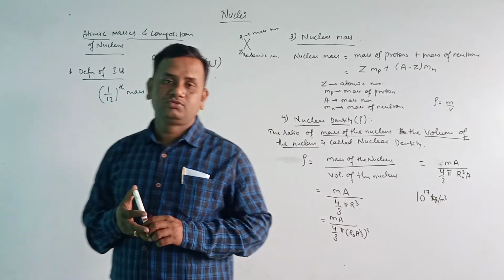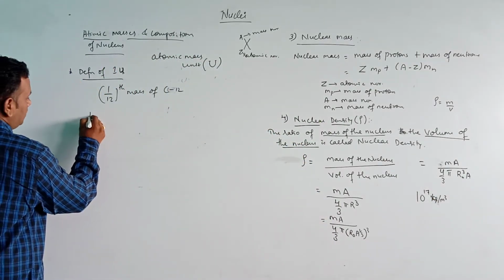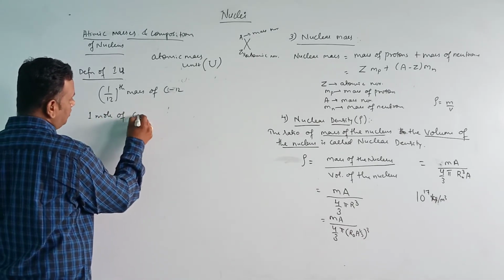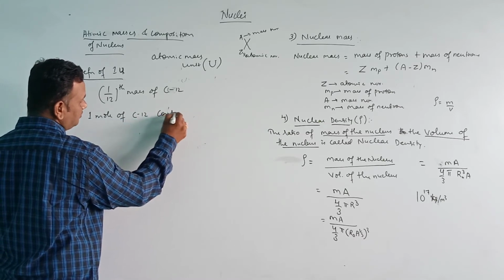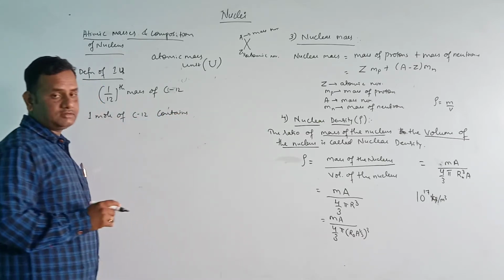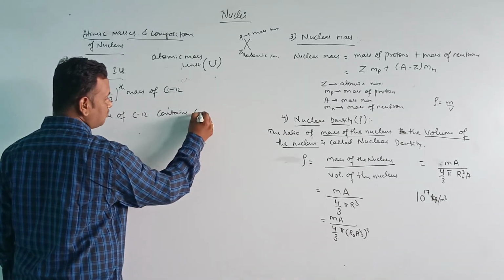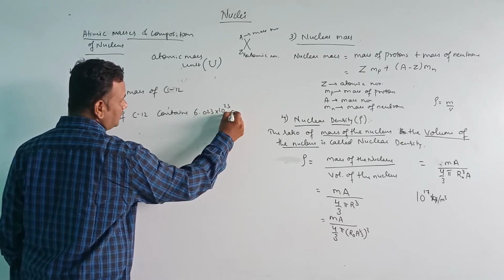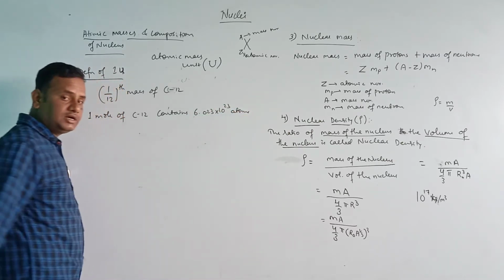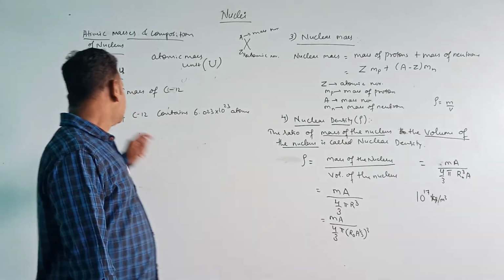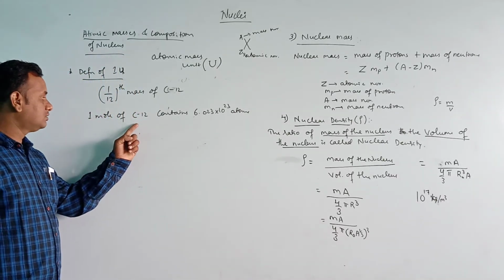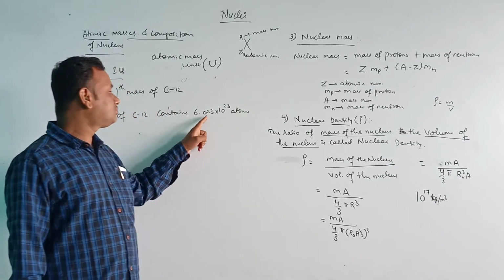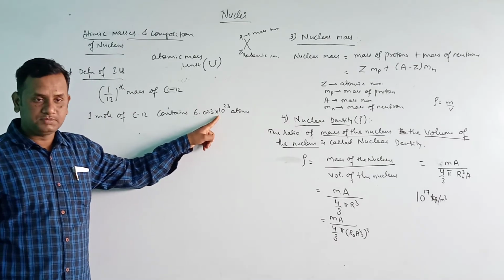As you know, 1 mole of carbon 12 contains 6.023 into 10 to the power of 23 atoms, which is the Avogadro number. So if I take 12 gram of carbon 12 isotope, which is 1 mole, it contains 6.023 into 10 to the power of 23 atoms.